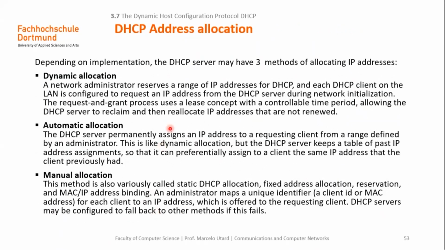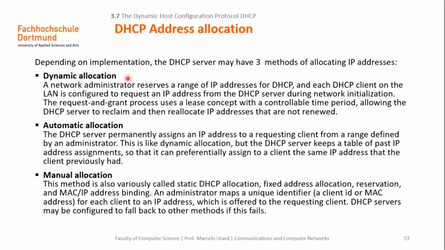Finally, talking about DHCP, we could talk simply about the strategies implemented in DHCP servers in order to allocate addresses. Depending on implementation, the DHCP server may have three methods of allocating IP addresses.